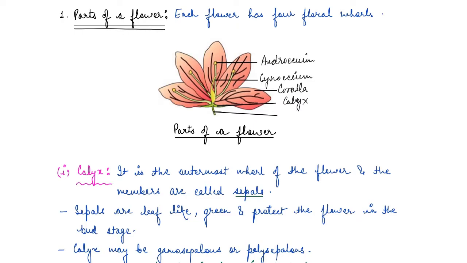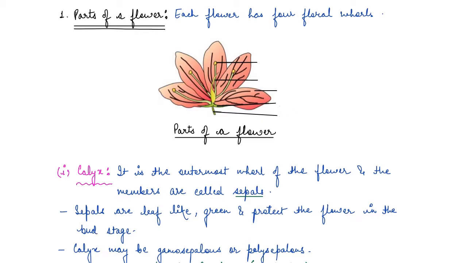And all these are attached to a pedicel. So we are going to cover the four floral whorls, which are calyx, corolla, androecium, and gynoecium. Let's start with the first whorl, which is calyx.